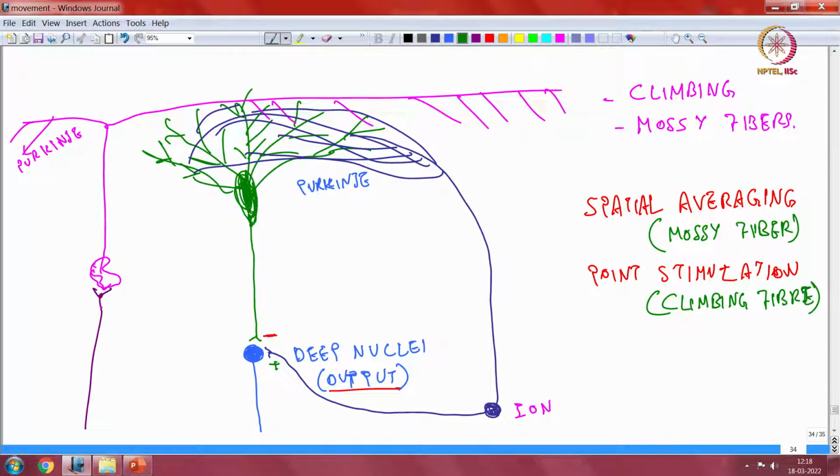The output of the cerebellum in turn goes into the deep nuclei, wherein it gets information from other sources also. So, you have two positives and one negative, and the sum of all of these things is the output. Describing this network is a very idiotic process.